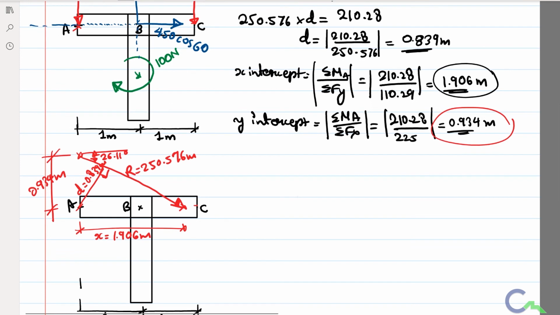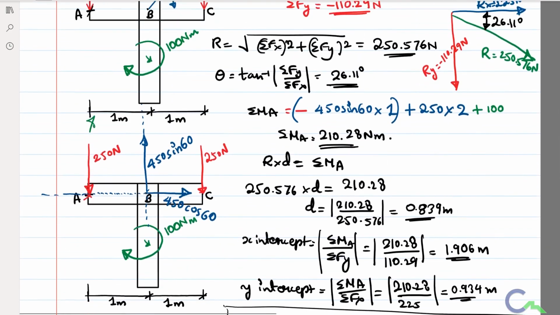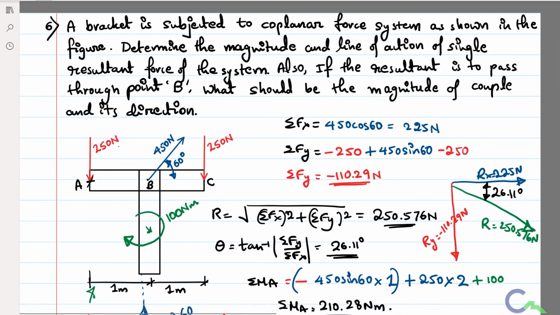So this is the first part of the question. After locating the resultant, let us see the second part of the question. So in the second part, they asked if the resultant is to pass through point B, what should be the magnitude of couple and its direction?